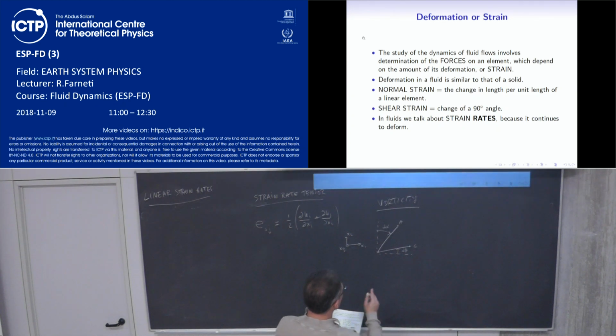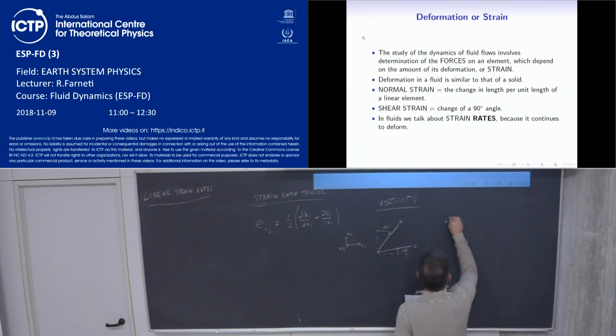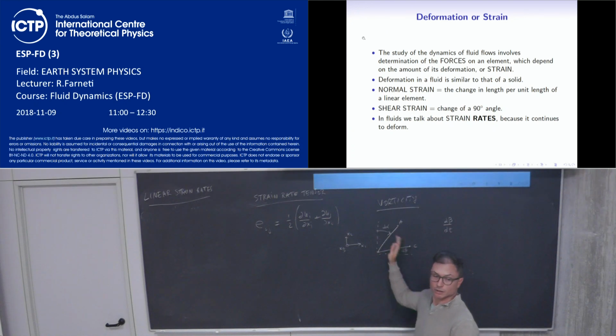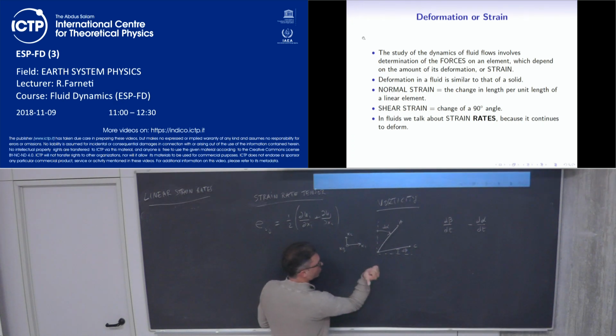So we want to see the angular velocities that this element of fluid is acquiring because of the shear strains. Okay, so we have two angular velocities. One is d by dt of beta, an angular velocity around the axis 3. And there's another component of the angular velocity, which is minus d alpha by dt. Okay, and the convention is that because x3 is coming out of the board, this d beta, in this case, is positive.